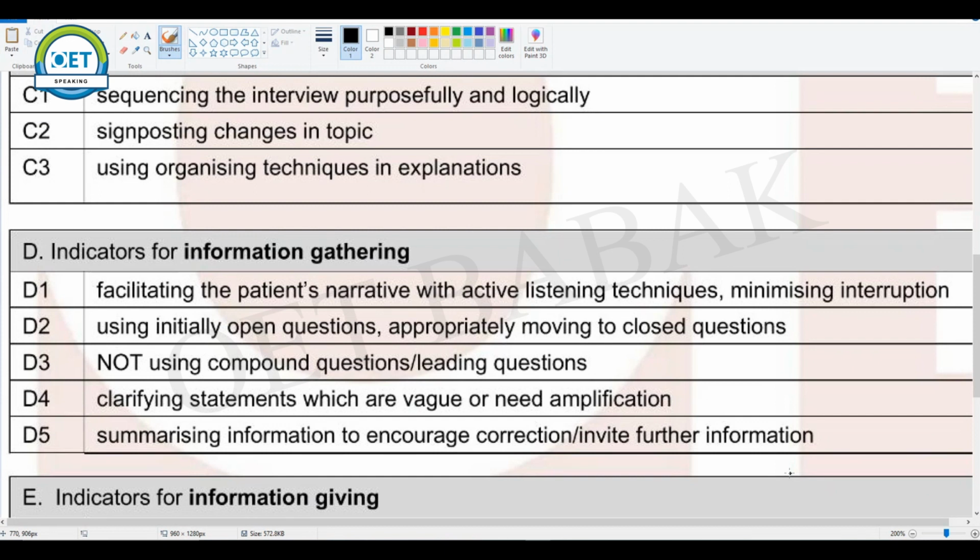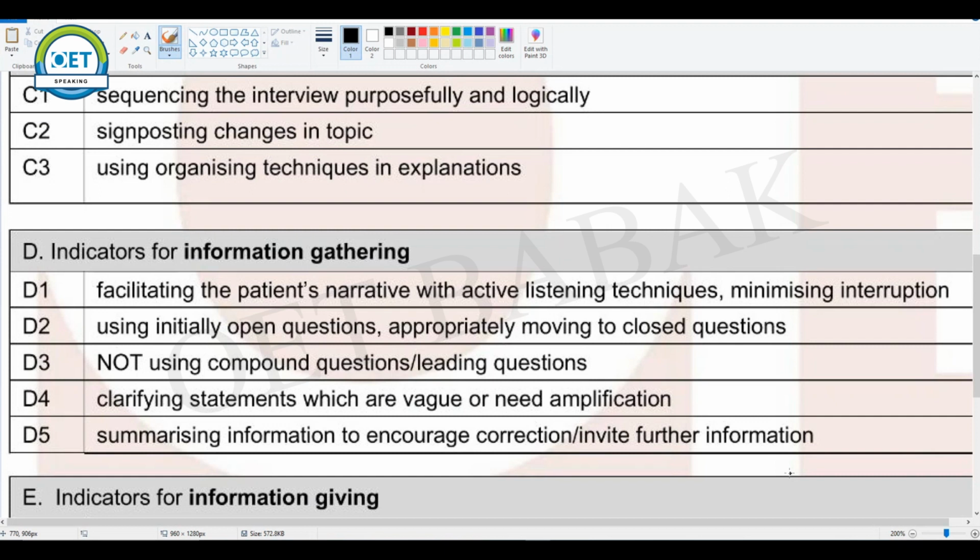They look at this part most of all, and you see that the next one is not using compound questions or leading questions. Do you know what they are? Leading questions direct the patient to a certain or specific answer, the opposite of open questions.